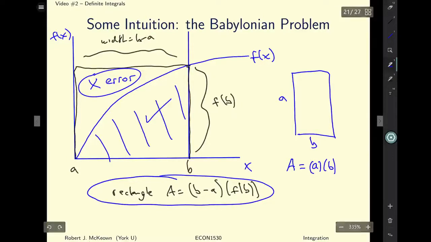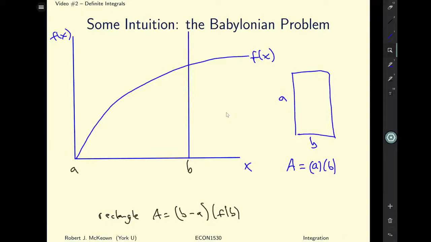Now, I've gone ahead and cleared up the screen. Now, here's where the Babylonians got smart. They said, okay, the rectangle was too large. Some of the area is not actually arable land, it's river. So what if we use two? So they're going to try to use two rectangles and then add the area of each rectangle together.